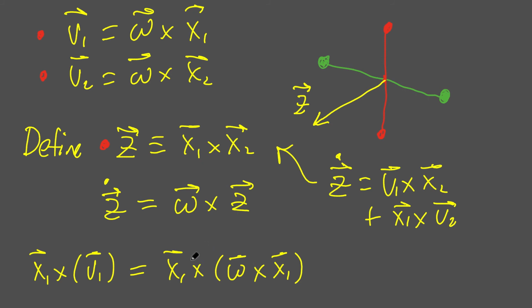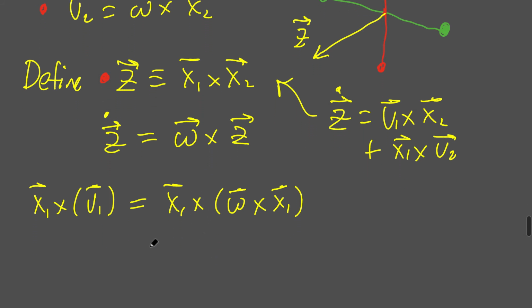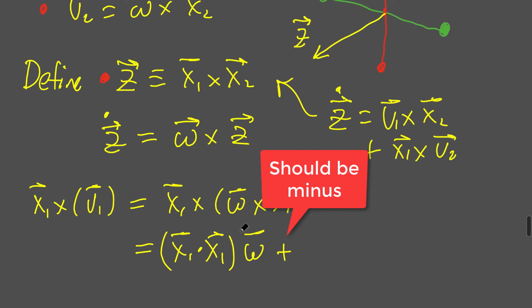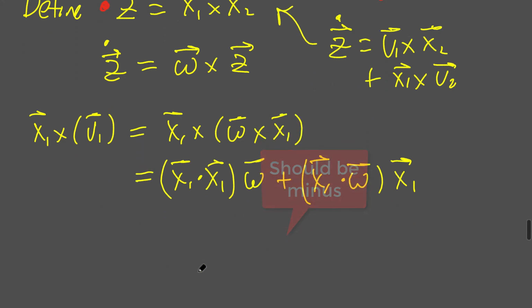And now using the identity for a triple cross product, this is equal to x1 dot x1 times the second vector, plus the dot product of this vector with this vector times this vector.